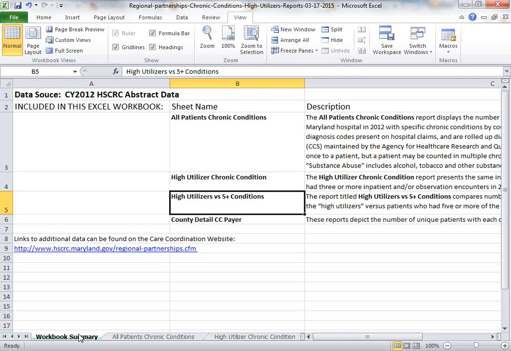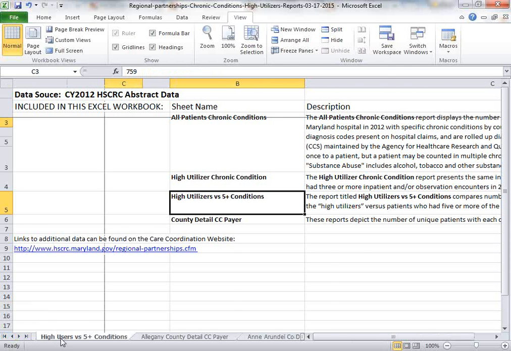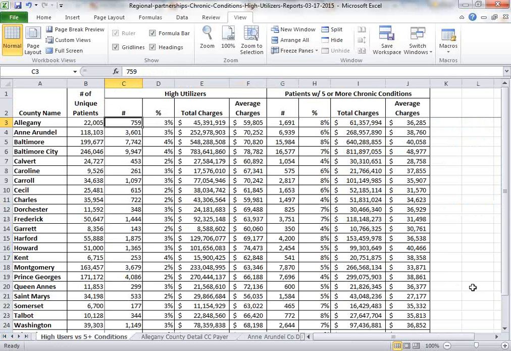And then our question from Jody Bitterman was, I'm confused by high utilizers versus 5 or more chronic care reports. These are not mutually exclusive categories, correct? Correct. So again, going to this report, they are not mutually exclusive, and so the high utilizers are those with 3 or more inpatient stays, and then the other group are the ones with 5 or more conditions.